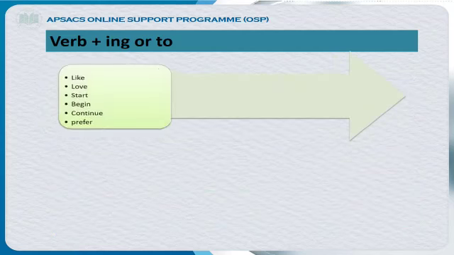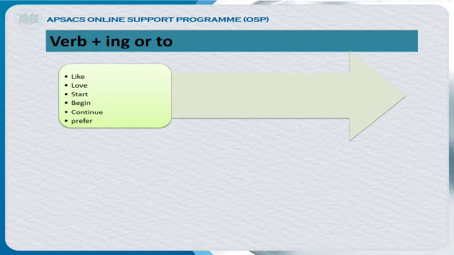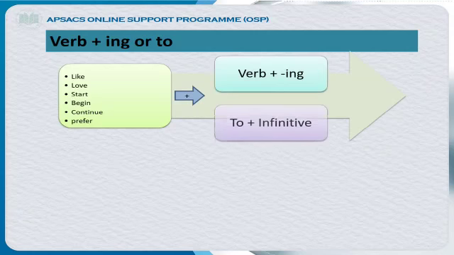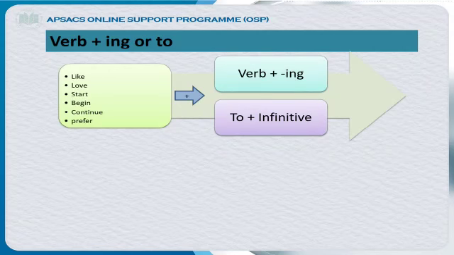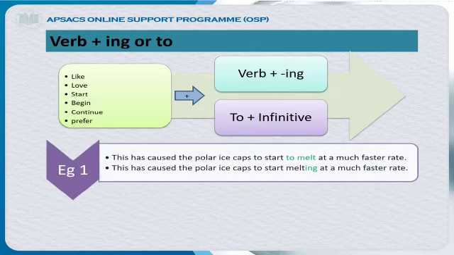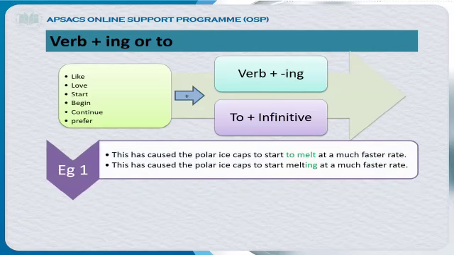Now with some verbs like love, start, begin, continue or prefer, both verb plus ing and to plus the infinitive can be used. For example, this has caused the polar ice caps to start to melt at a much faster rate.